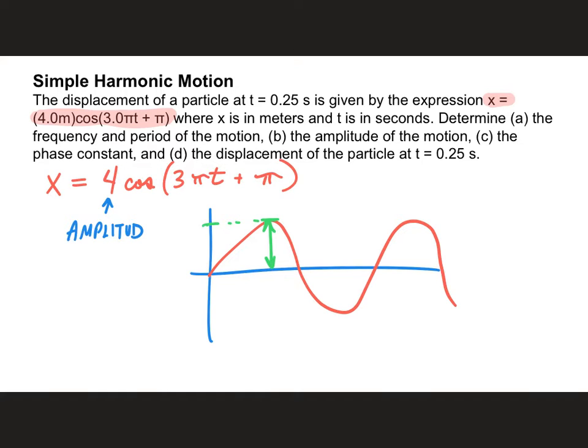This entire thing right here, this is called the phase angle. It looks a little bit complicated, but one thing's for sure, whatever the argument, the only thing you can put in a cosine or sine argument is an angle.